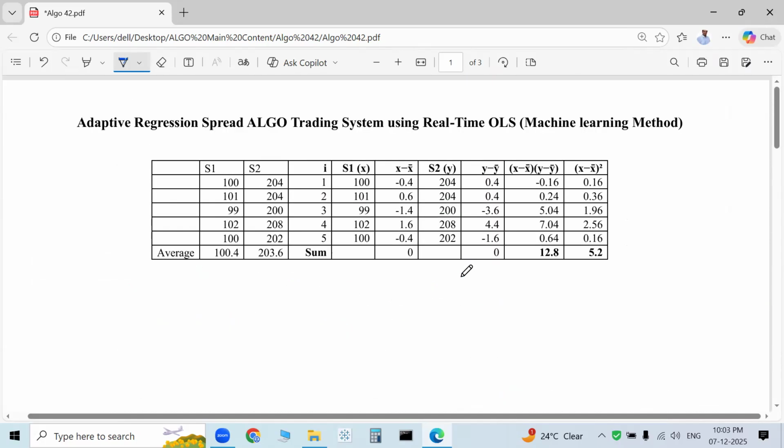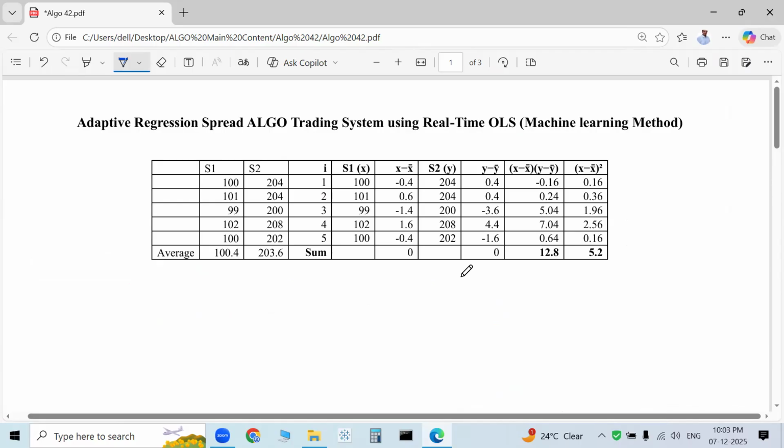It has two assumptions. Assumption number 1 is S2 follows S1, and assumption number 2 is both have positive correlation. So when S1 goes up, S2 also goes up; when S1 goes down, S2 also goes down.